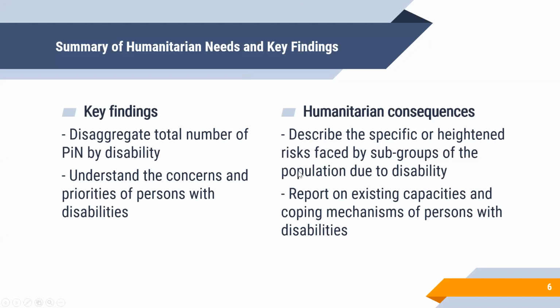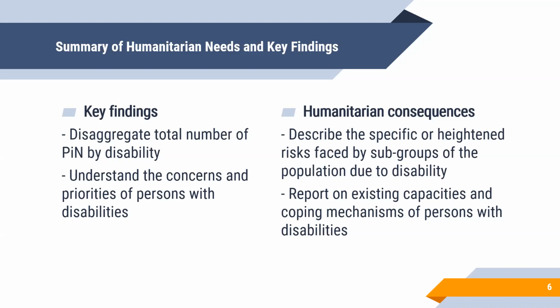On the other side, when it comes to humanitarian consequences, we need to describe what kind of risks are faced by subgroups of the population due to disability. As we will see in a few minutes in another slide, it's very important to detect what kind of risk is specifically facing persons with disabilities, interacting with other kinds of factors.